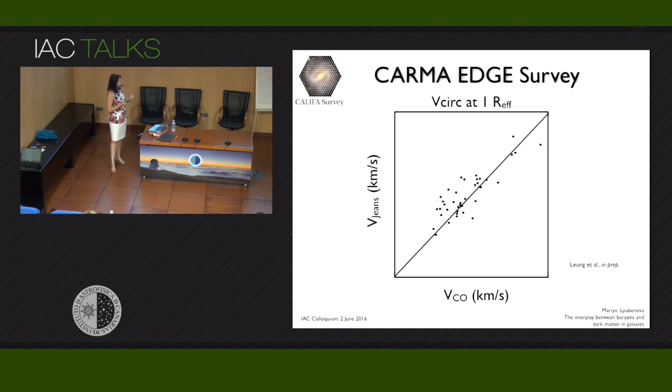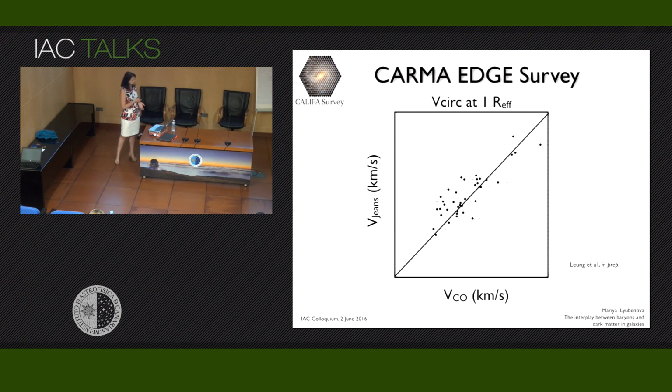However, for the majority of the galaxies in the overlap, the two ways to estimate the rotation, the circular velocity, are lying very close to the 1-to-1 relation, which is actually very reassuring that we are doing quite well with respect to the dynamical mass estimates for our galaxies, because here we have two absolutely independent methods to constrain the total mass of the galaxy.